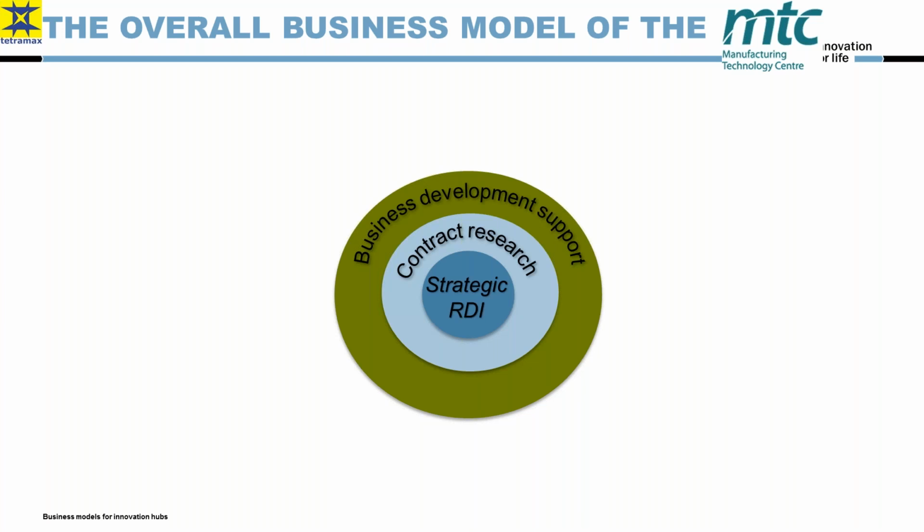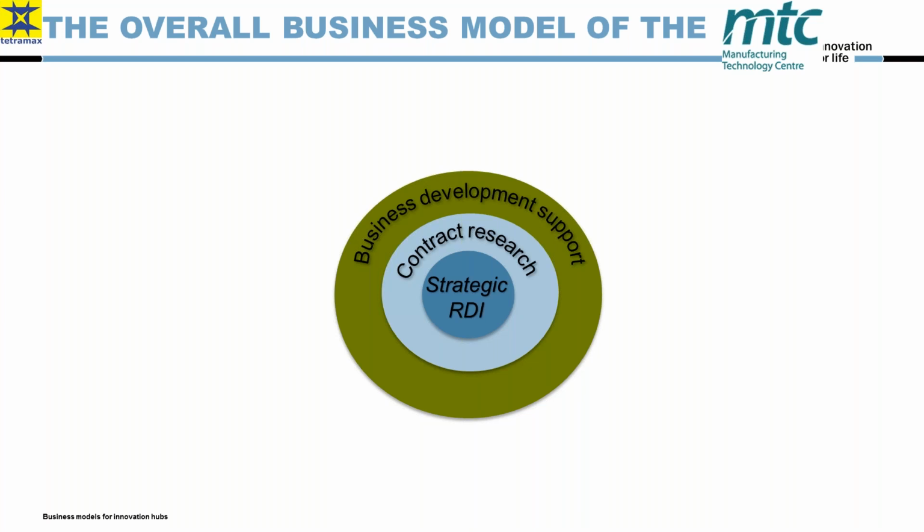But I can tell you that they've got a very interesting business model, which tells a lot about the added value and the capturing of value. So at the core, there's the strategic RDI, research, development, and innovation. That's usually the core within a digital innovation hub.